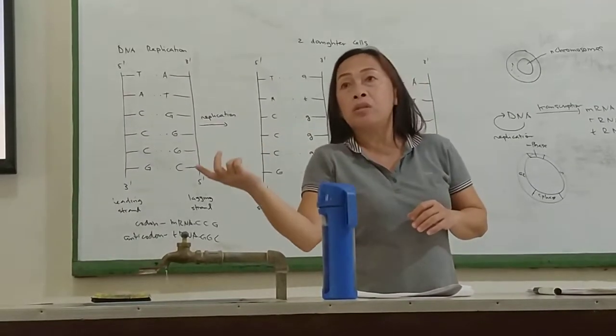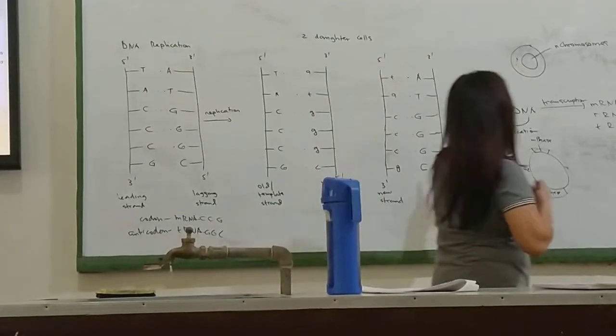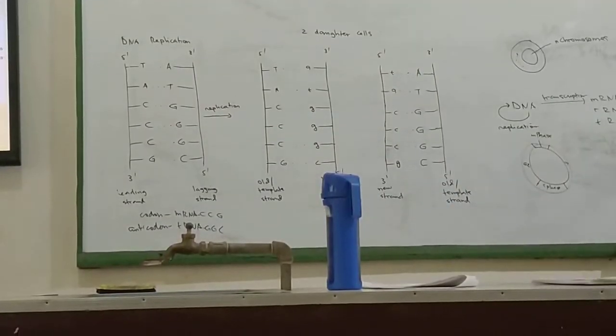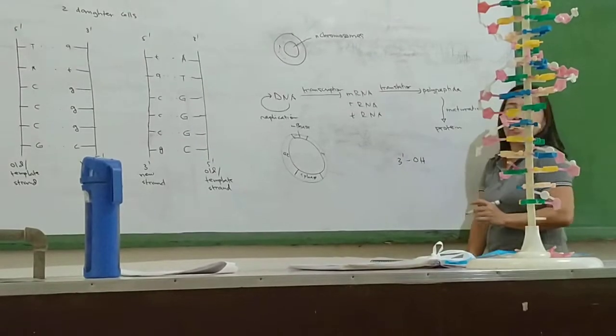They don't know how to start the replication process. So they have to look for the 3' OH.